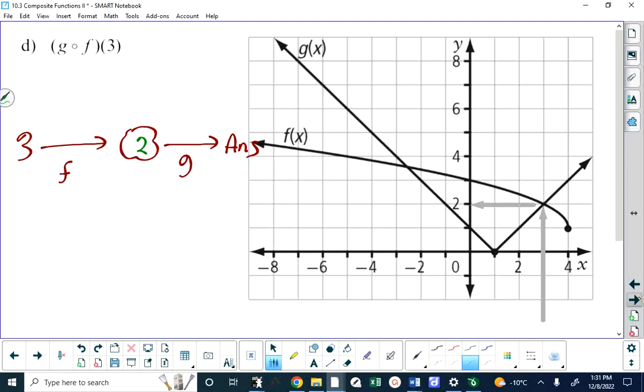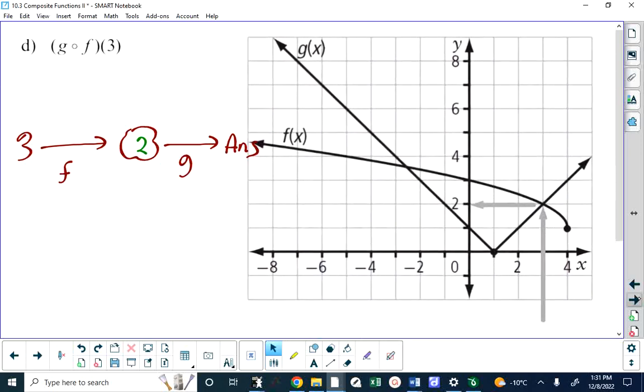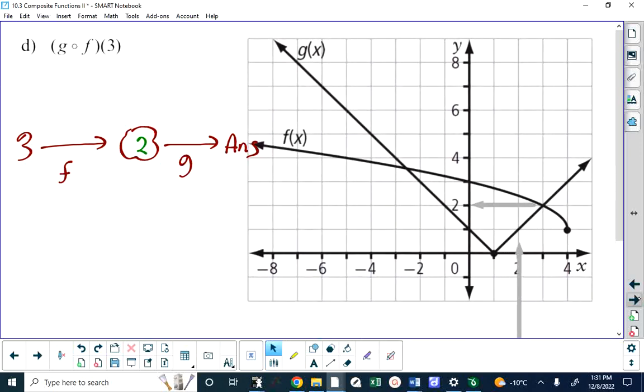I made this point yesterday, but I think it's a very important point. That 2 is both a y-coordinate of f and an x-coordinate of g, because it's coming out of f, but it's going into g. So now you look at x equals 2, and we want to read the y-coordinate of g, which is the absolute value function, and it's 1. Are we in agreement there?